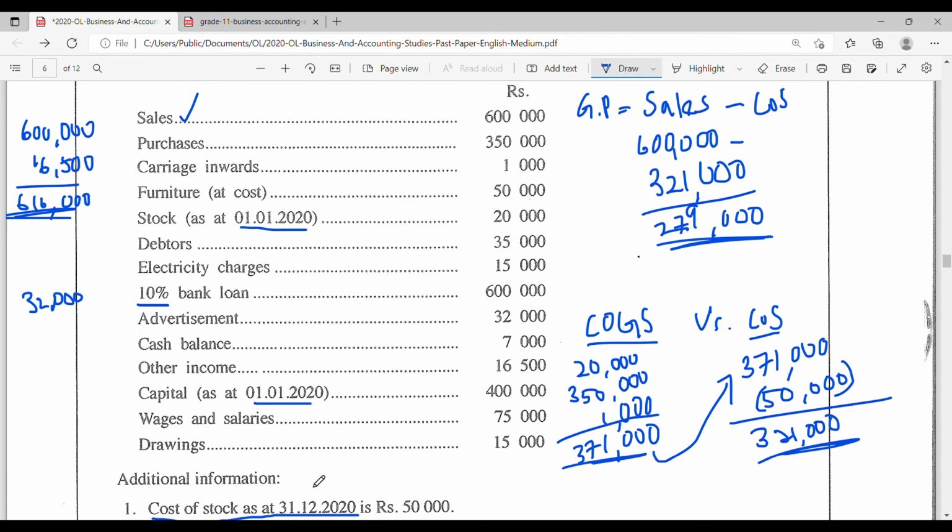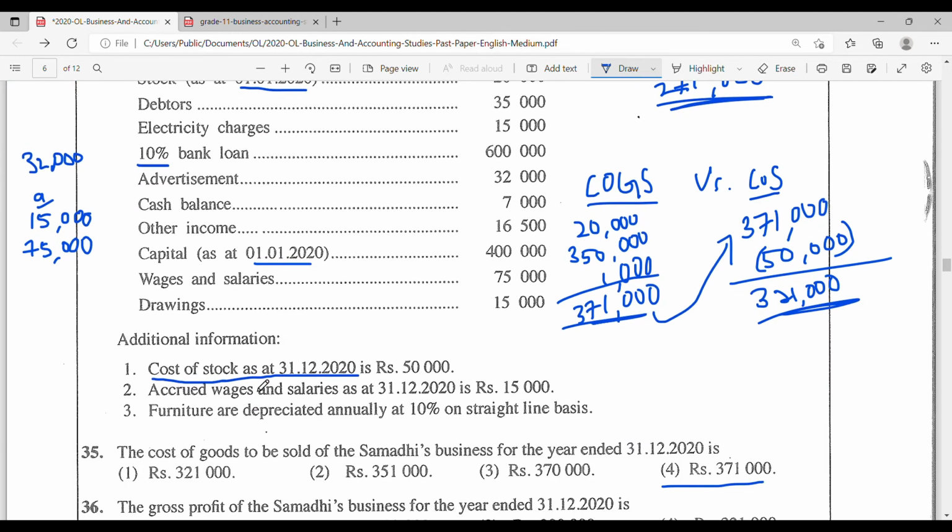We need to see that at the bottom and include that. Debtors, electricity charges. Okay, electricity charges of 15,000 fall under administration expenses. Advertisement we have taken in. Capital, wages and salaries of 75,000 falls into this category. So already we have 90,000 there. Closing stock doesn't fall here.